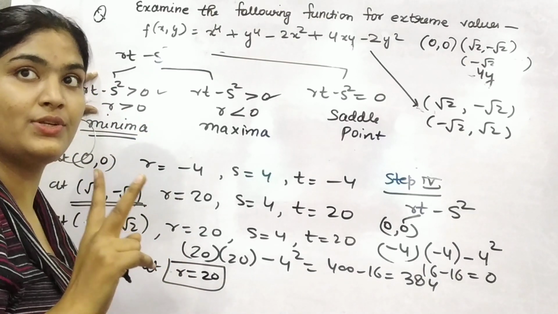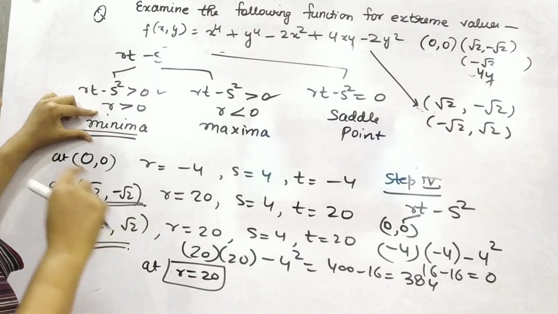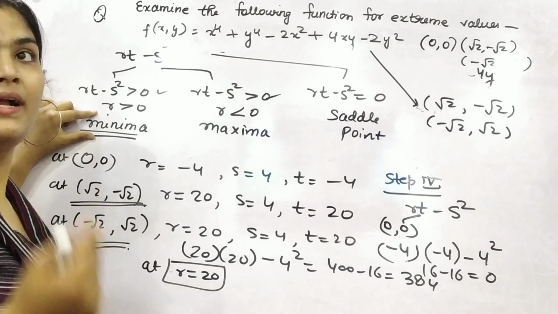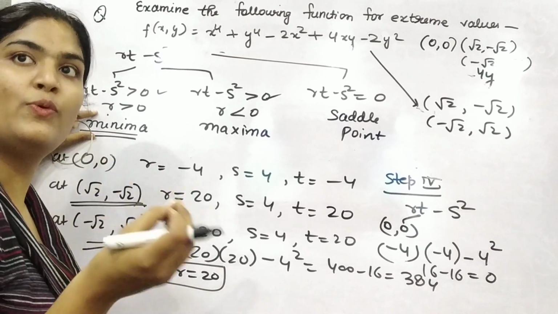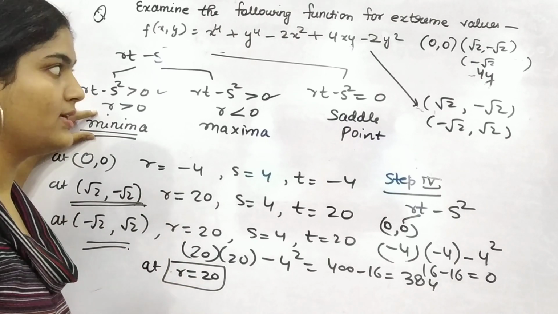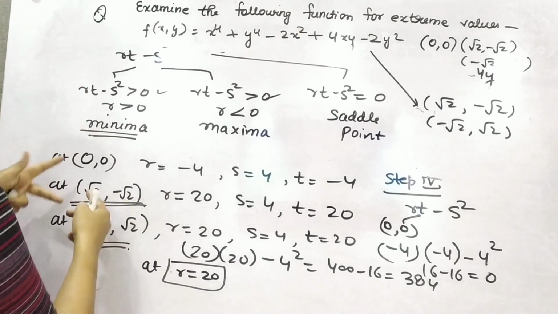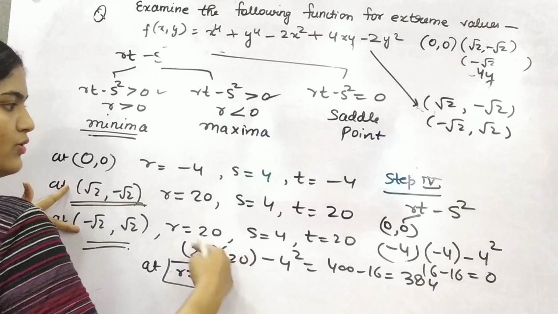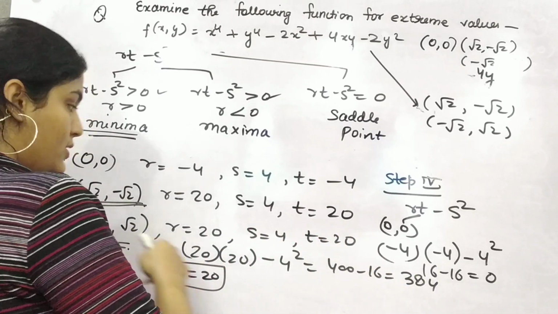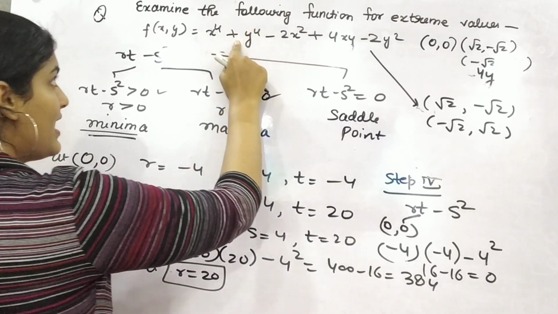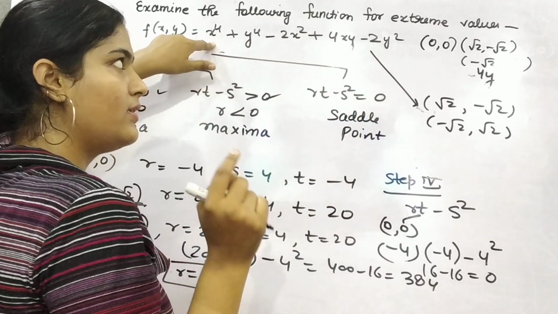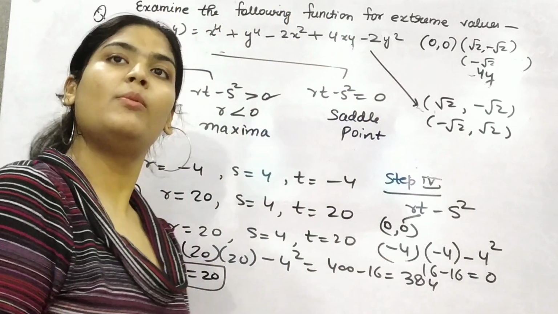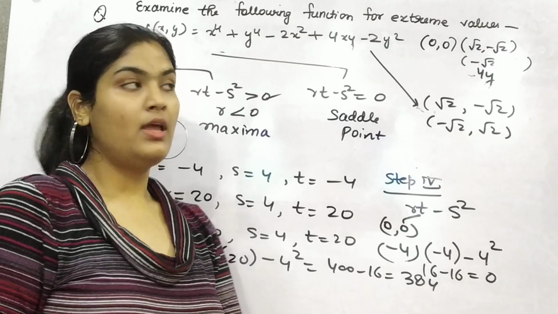Because these 2 conditions are satisfied, it is a minima. To find out which point is the minimum point, you have to check these 2 coordinates, put them into the main function and find the values. Those will be your minimum value points.